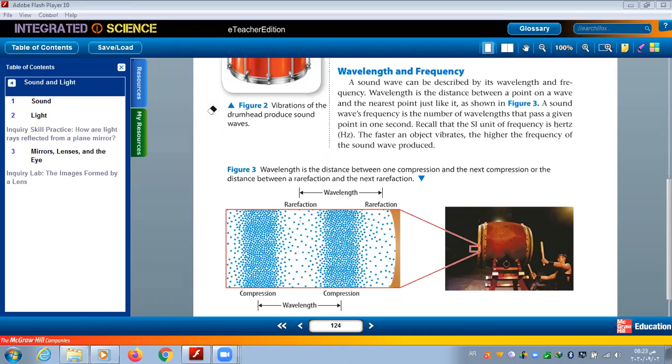Read this paragraph and tell me the name of wavelengths and frequency. What does it mean? Okay, this time, Ahmad Al-Malki, you can unmute yourself.